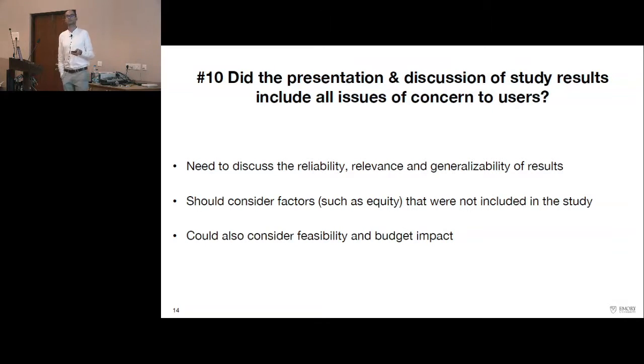Potentially, this last bullet point is sort of a bonus, but if the researchers even consider the impact on the budget, great, that's awesome. But I wouldn't say that is a necessary condition for a good study.